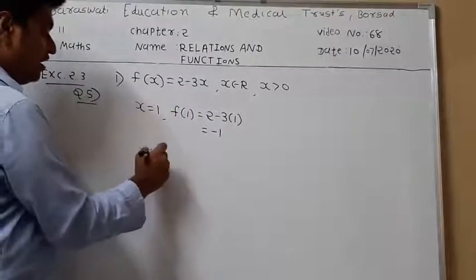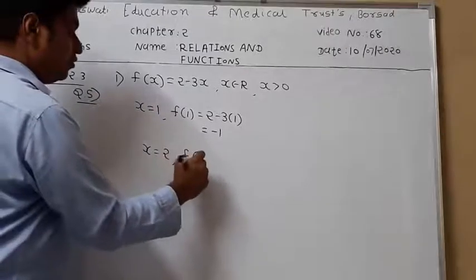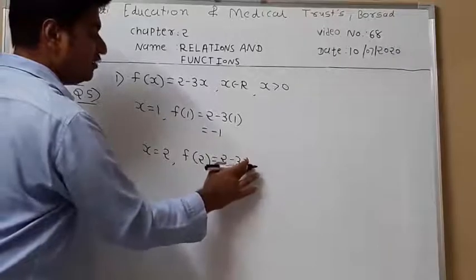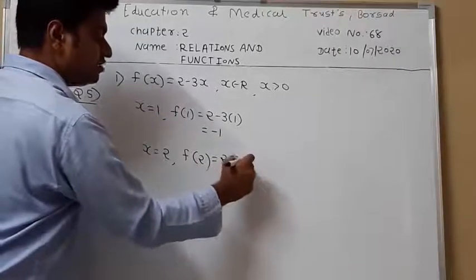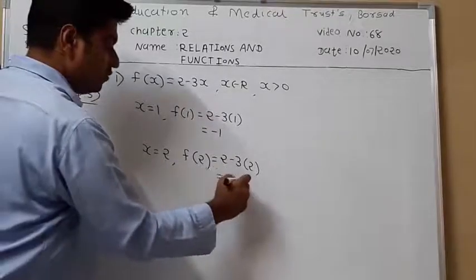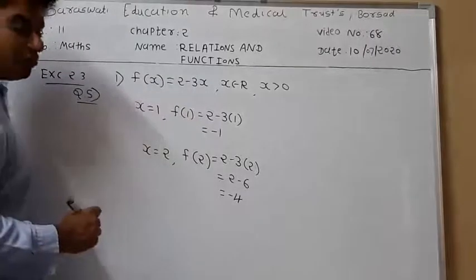Now x is equal to 2. So f of 2 is equal to 2 minus 3 into 2, which is 2 minus 6, that means minus 4.